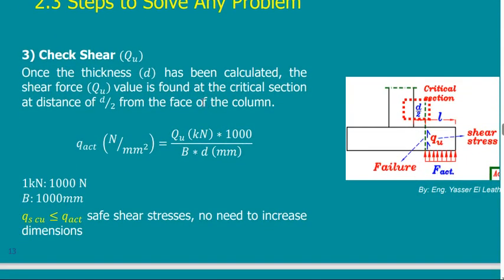If shear and punching are unsafe, then I increase the depth. When I increase the depth, I increase it by 10 centimeters. Be generous in the increase. Don't increase it by 2 centimeters. Of course, we cannot increase it by very small values. Make it at least 10 centimeters. Why?